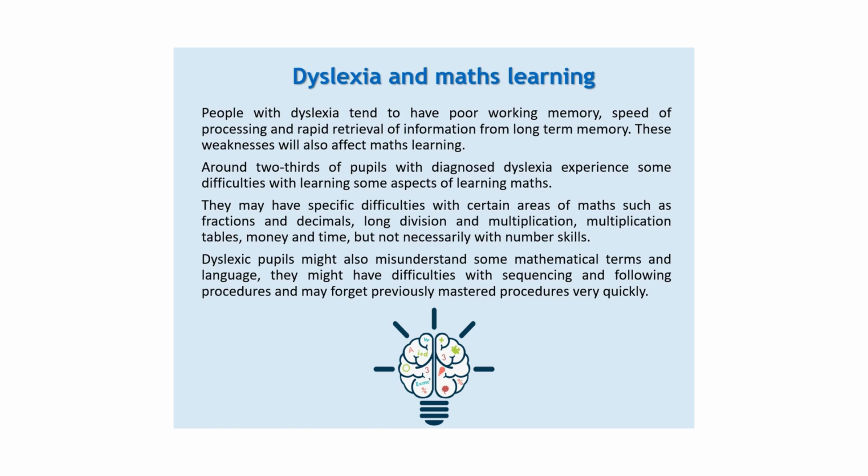They may have specific difficulties with certain areas of maths such as fractions and decimals, long division and multiplication, multiplication tables, money and time, but not necessarily with number skills. Dyslexic pupils might also misunderstand some mathematical terms and language. They might have difficulties with sequencing and following procedures, and may forget previously mastered procedures very quickly.